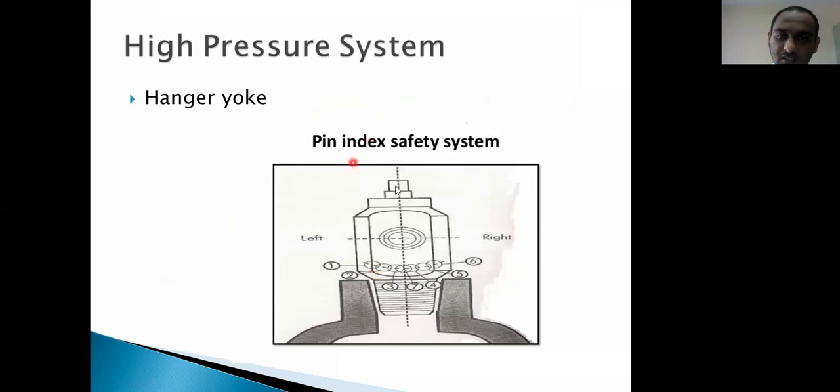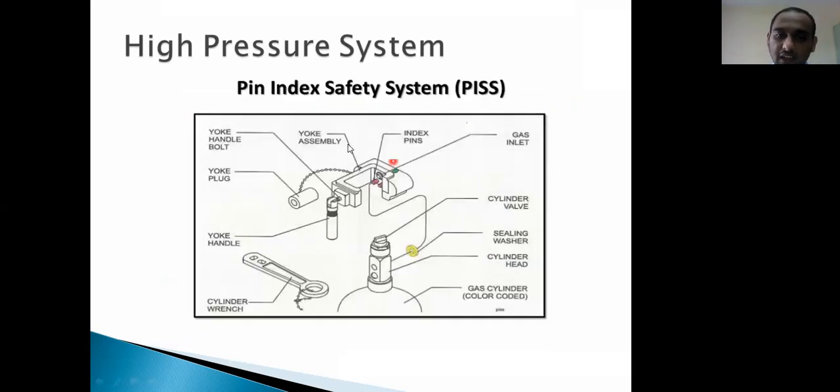The high pressure system contains the hanger yoke assembly. So this is the hanger yoke assembly. This is present at the part where the cylinder is attached to the machine. Now this consists of index pins and a gas inlet with reciprocal openings on the cylinder stem.